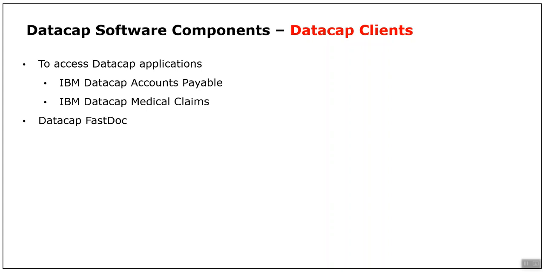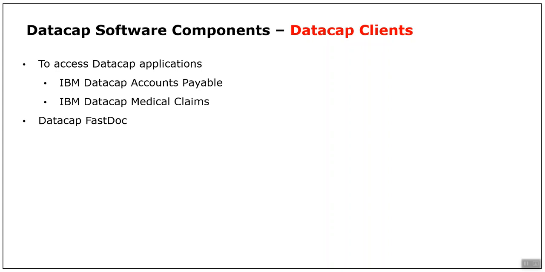Fast Talk. The next Datacap client available for us is FastDoc. So what is FastDoc? FastDoc is a client that we can use to scan, index, monitor jobs, and manually run any background task on the documents or image files that are supplied to a Datacap application.